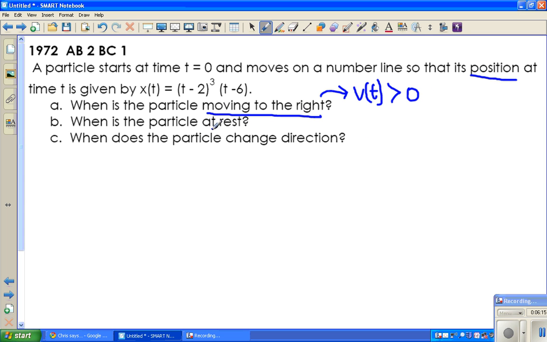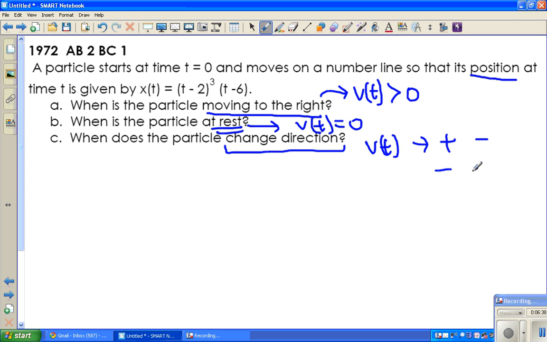And a particle at rest, in this case, means velocity is equal to 0. Now, when does the particle change direction? This is where velocity goes from positive to negative, or negative to positive.